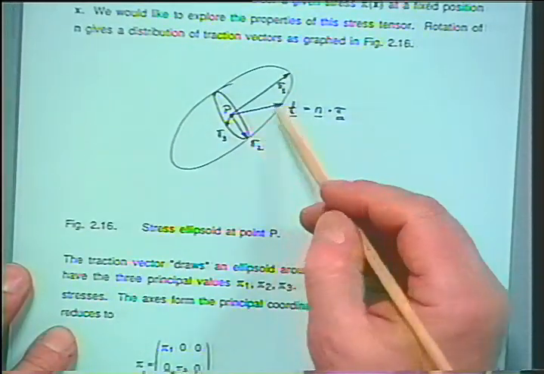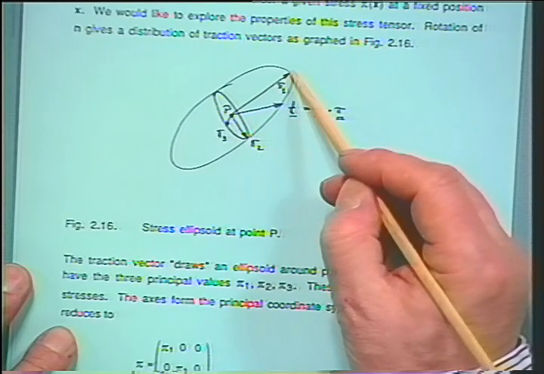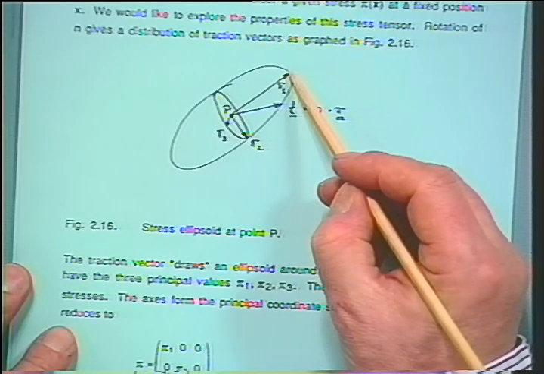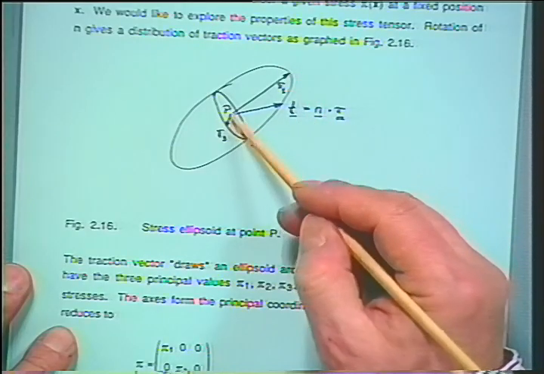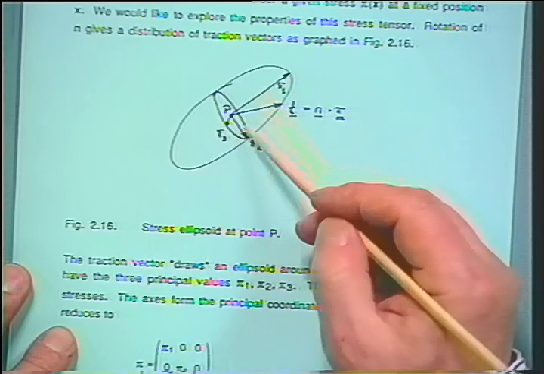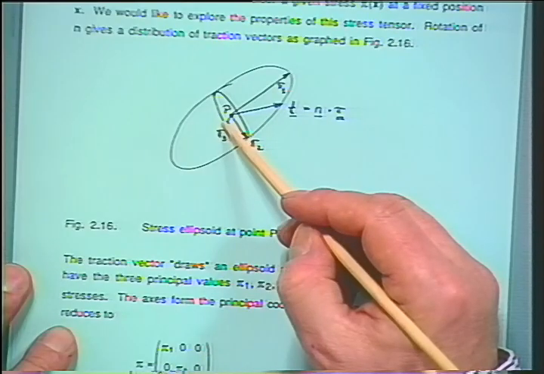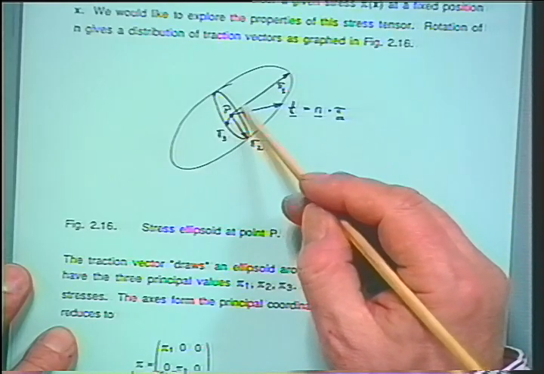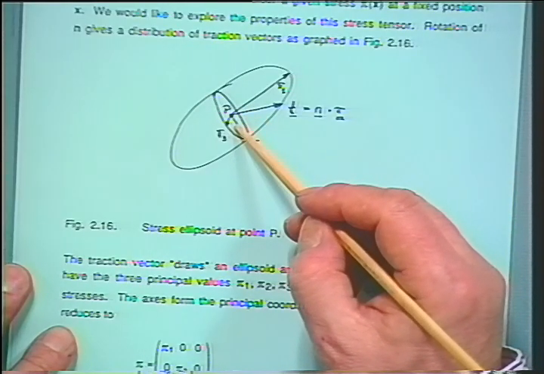And this ellipsoid has a longest axis. This would be the largest principal stress. It has an intermediate and a shorter axis, and those are the three principal stresses we would determine this way. And those principal stresses are at right angles to each other.